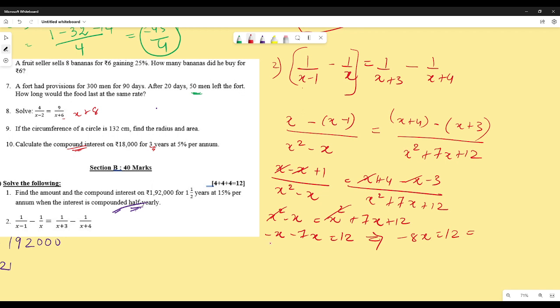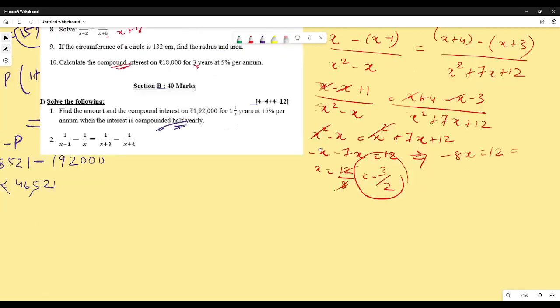So x equals to 12 by 8, that makes it 3 by 2. This will have a minus sign because there is one minus sign on this side, so the answer will be minus 3 by 2 for this question. Okay, so I think we are done with this set of questions.